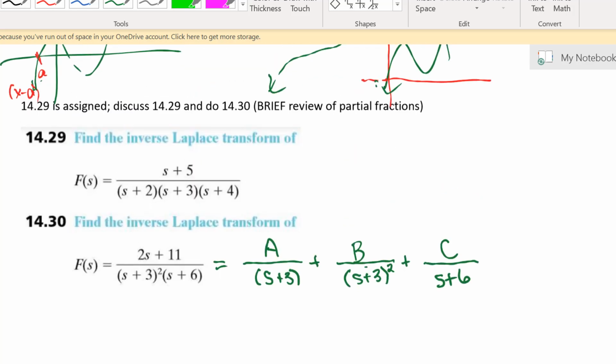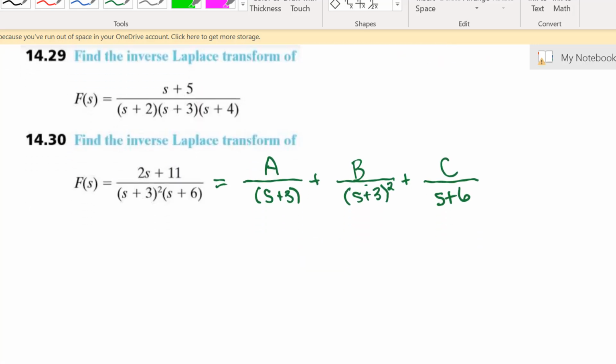Okay, the book talks about this method of residues. You can read and learn that, but I think Calc 2 is a prereq, so everybody here has already done partial fractions. So I'm just going to use partial fractions and not worry about residues. The method that I teach is I just think about this part and multiply both sides by the least common denominator.